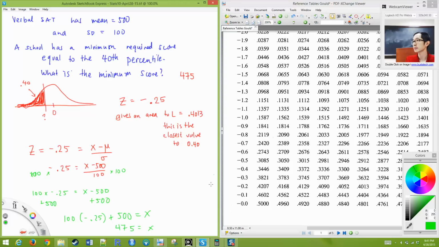Okay, so all binomial problems will have n, x, and p.